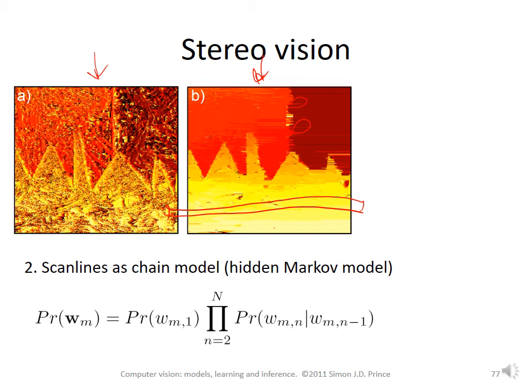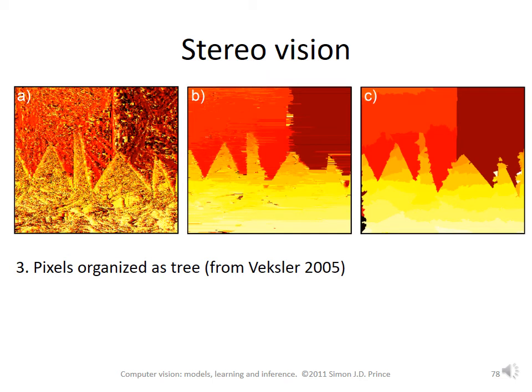Now we can actually go one further, and instead of modeling each row independently as its own chain, we can model this graph as a tree, which we kind of mentioned earlier as a possibility. So we've cut a lot of edges to keep this from having loops, and you see now there are still artifacts, but overall the result is even closer to the ground truth than previously. This results in artifacts that are a little bit different.